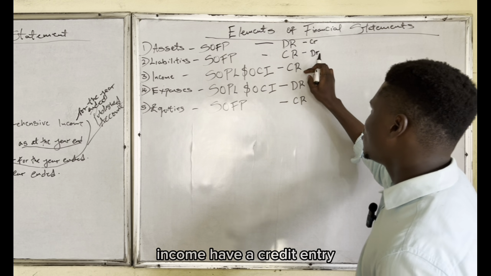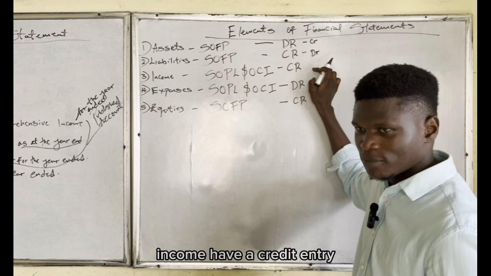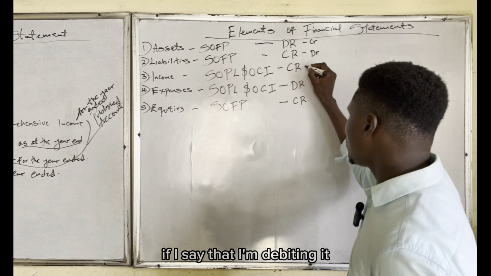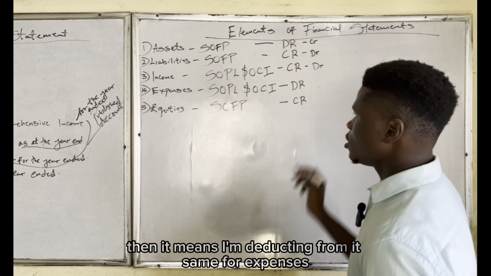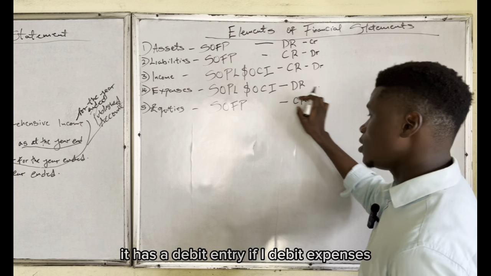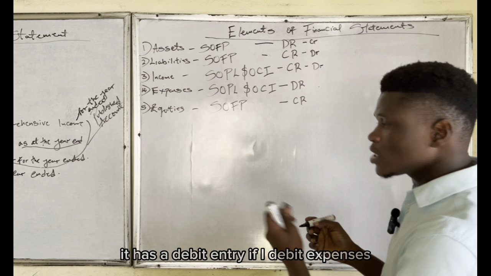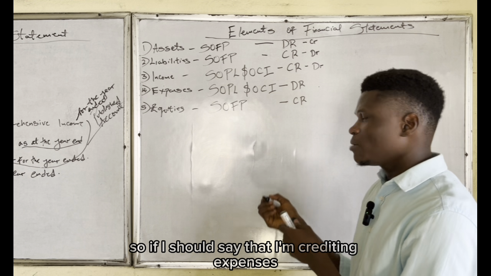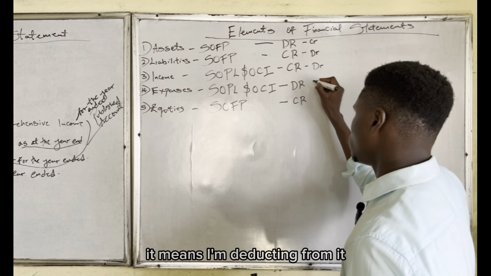Income has a credit entry. Adding to it means that I'm crediting it, while if I say that I'm debiting it, it means I'm deducting from it. Same for expenses. It has a debit entry. If I debit expenses, I'm adding to expenses, and if I credit expenses, I'm deducting from it.